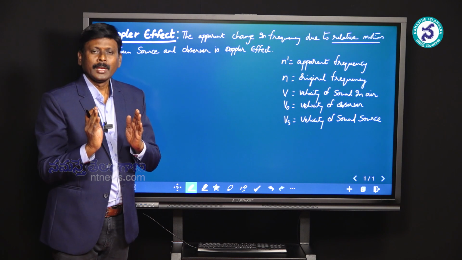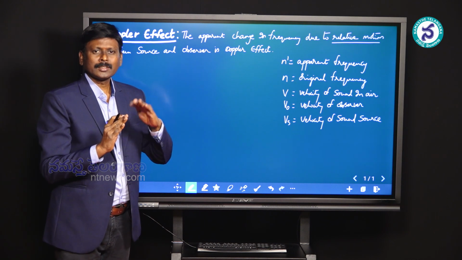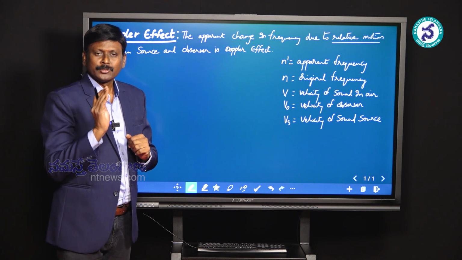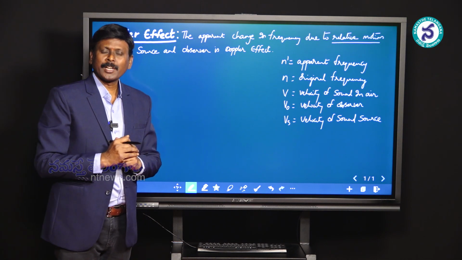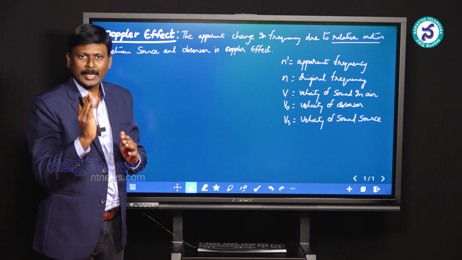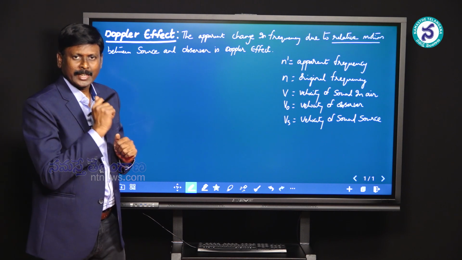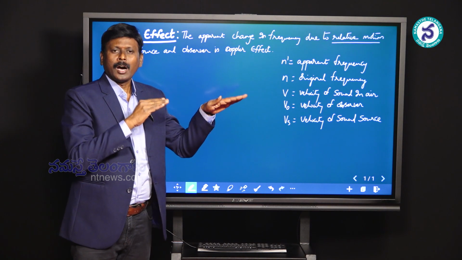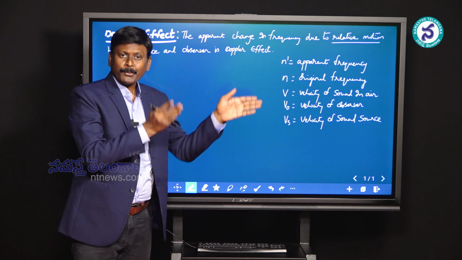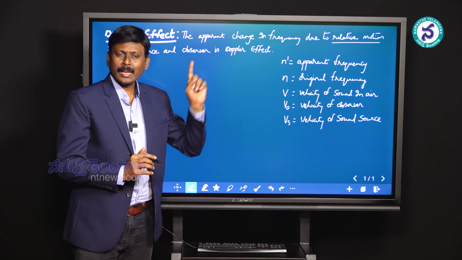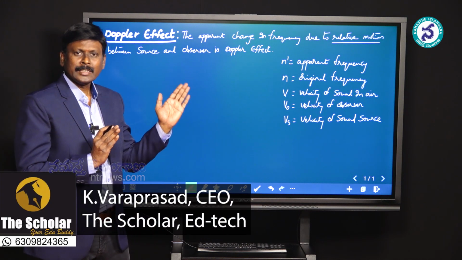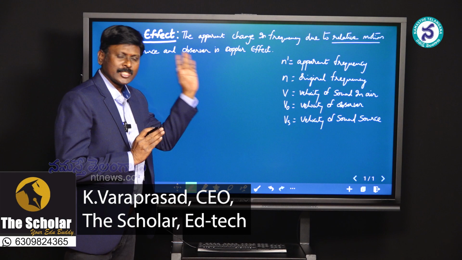If either the source or the observer is at rest and the other is in motion, then there is said to be relative motion and the Doppler effect can be applied. Otherwise, if the source and the observer are moving with different velocities, then again relative motion is obtained and the Doppler effect is applied for such a condition.